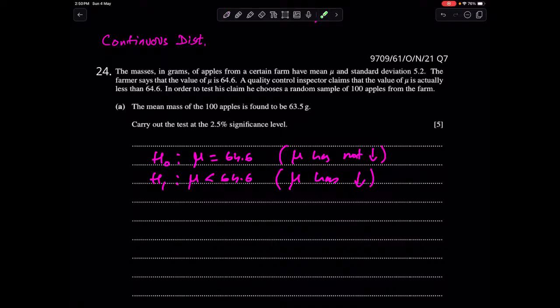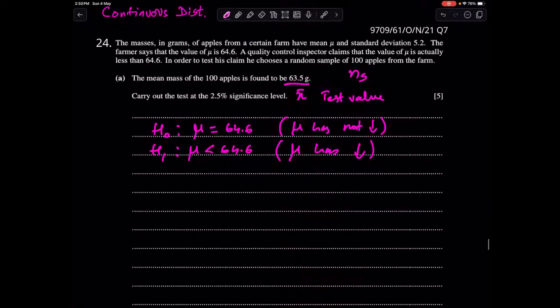So in order to test his claim, a random sample of 100. So this is n. The mean mass of the 100 apples is found to be 63.5. This is the sample mean and test value. Carry out the test at the 2.5% significance.